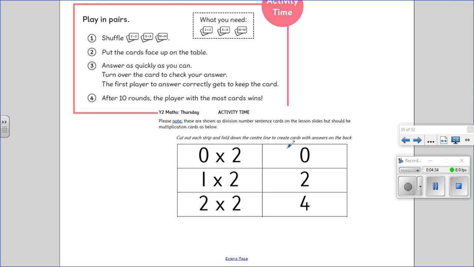You're going to cut out each strip and fold it down the centre, don't cut the middle bit, to make your own cards with the answers on the back, so they're like mini flashcards. There's 2s, there's 5s, and there's 10s for you to practice, and answer them as quickly as you can. So you put the cards face up on your table with the multiplication equation on, and then answer them, turn them around to see if you got it right. Okay? Have a go. Pause the video now.